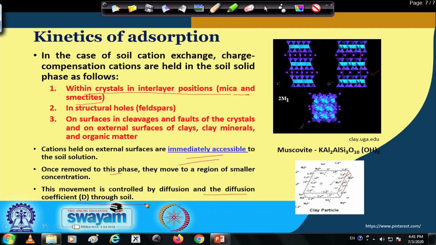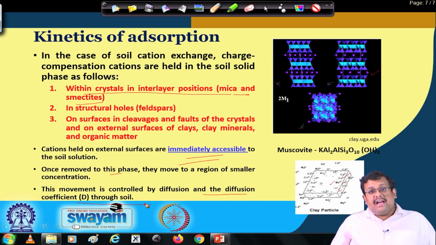We have learned that in the cation exchange process, charge compensation cations are held in the soil solid phases in three fashions.